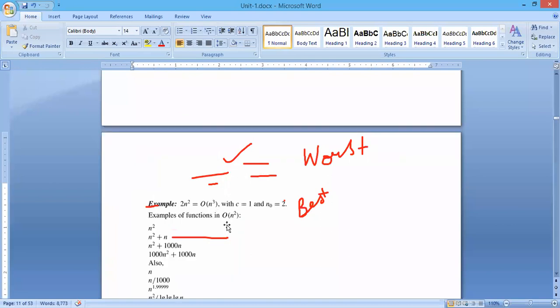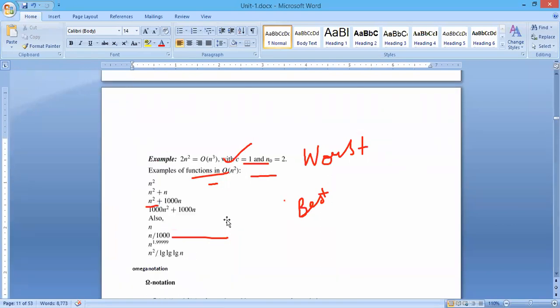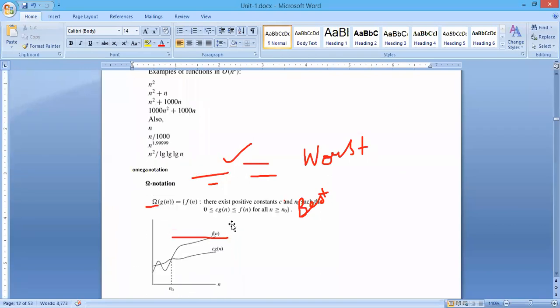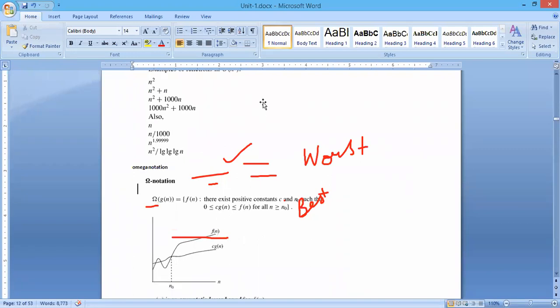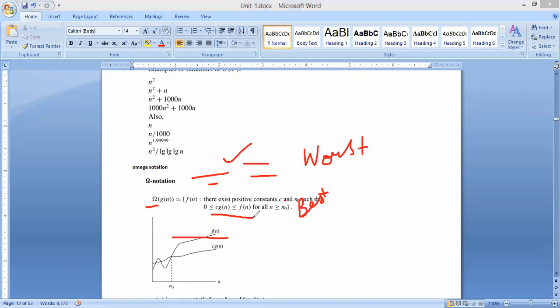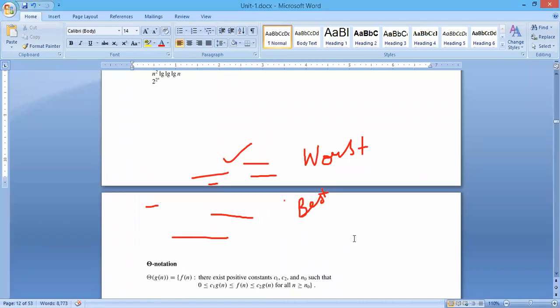When the reverse is there, here the conditions are like this. When c·g(n) is equal to this, that becomes the best case. But when we have values in between, that becomes the average. That's why theta has both the values.